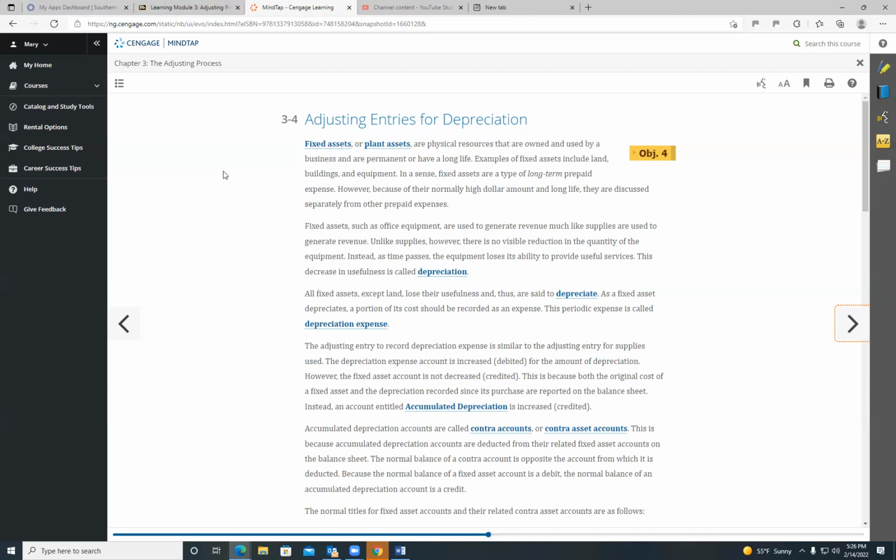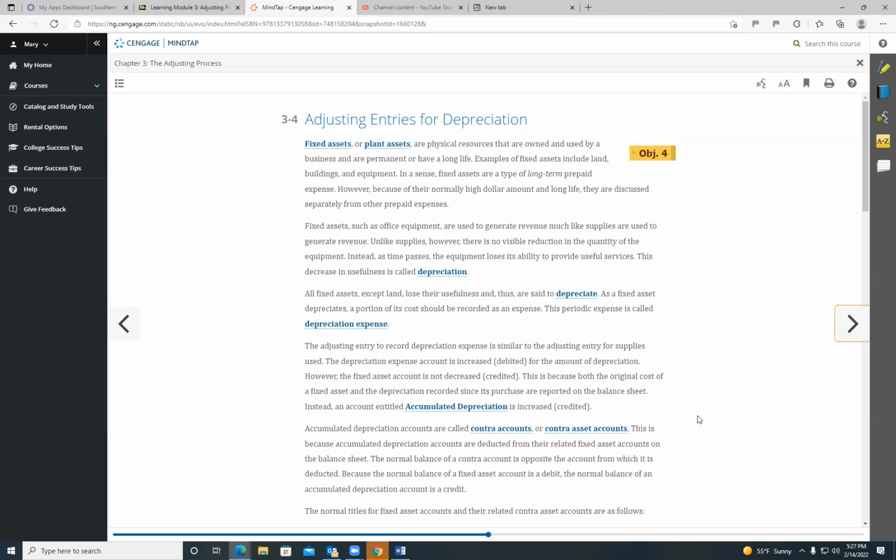Accumulated depreciation is what we call a contra asset account, because accumulated depreciation accounts are deducted from the related fixed asset accounts on the balance sheet. Like in supplies, we just do a direct credit to the supplies asset account. Well, on fixed assets, we don't do that. We don't do a credit to the equipment account. We do a credit to the accumulated depreciation account for that fixed asset.